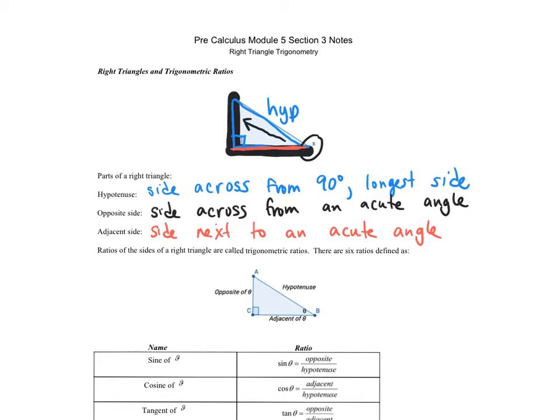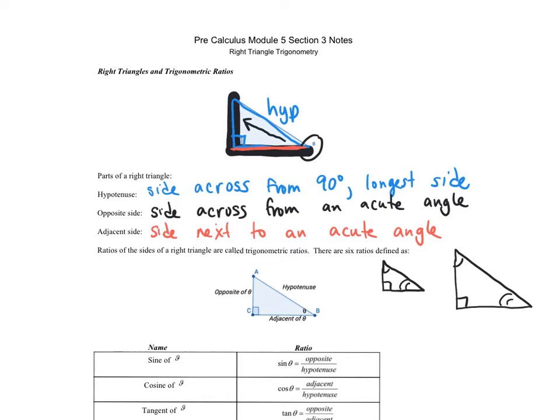Now, like I mentioned, if I take any two of these sides and divide them, we get a ratio. So the idea behind trigonometry is if I have two triangles that are different sizes but have the same angles, so we'll call these right angles, we'll say these are the same, and we'll say these are the same.